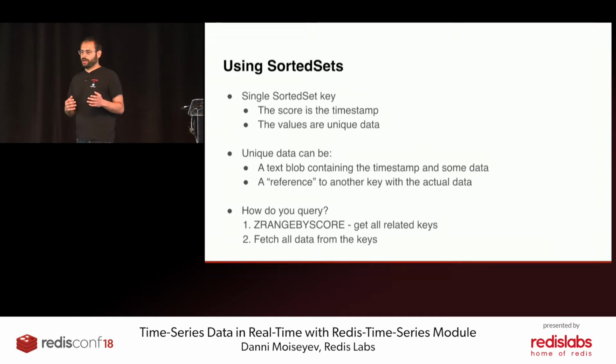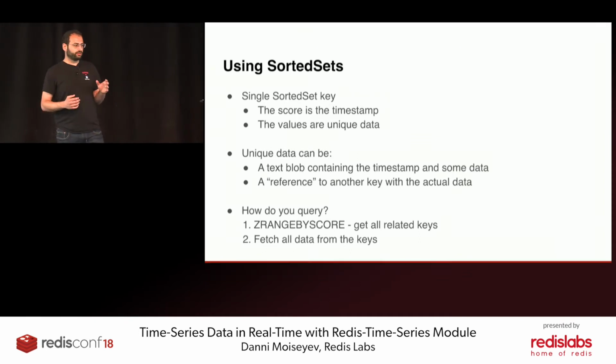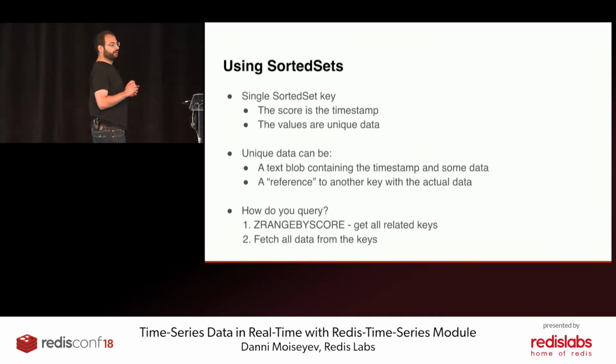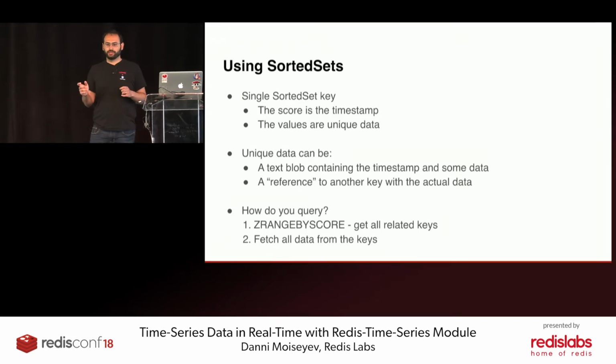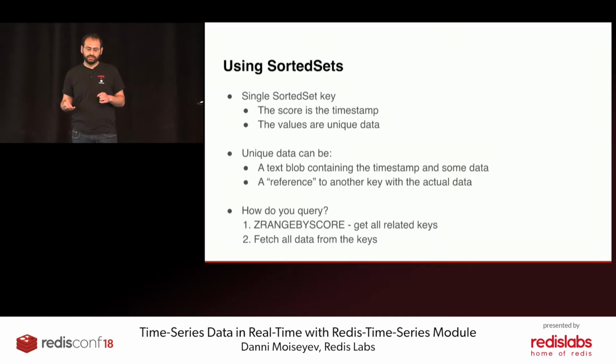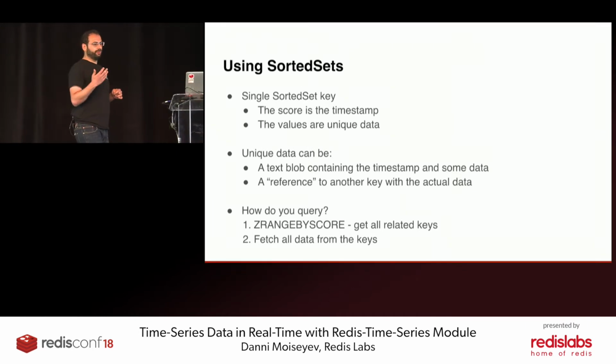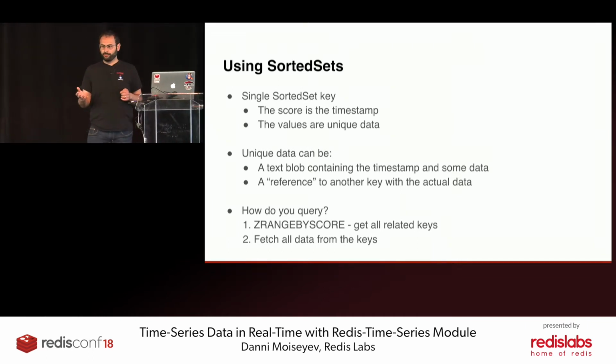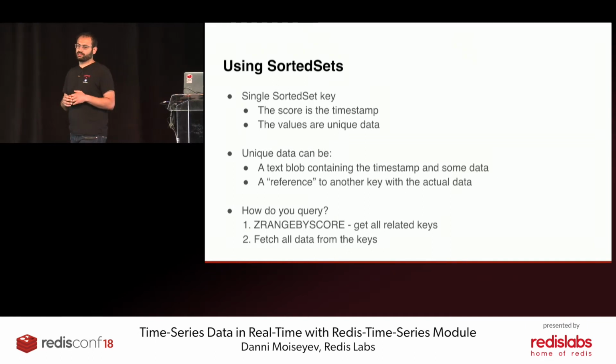So if you want to use only sorted sets for time series, you need some way of making the value unique. Many people put JSON inside the sorted set, taking some random data or even the timestamp and saving that in the value.